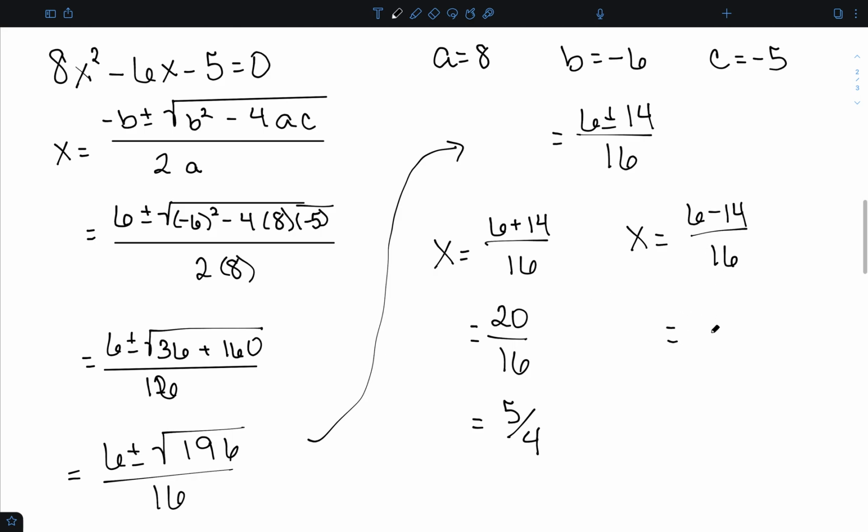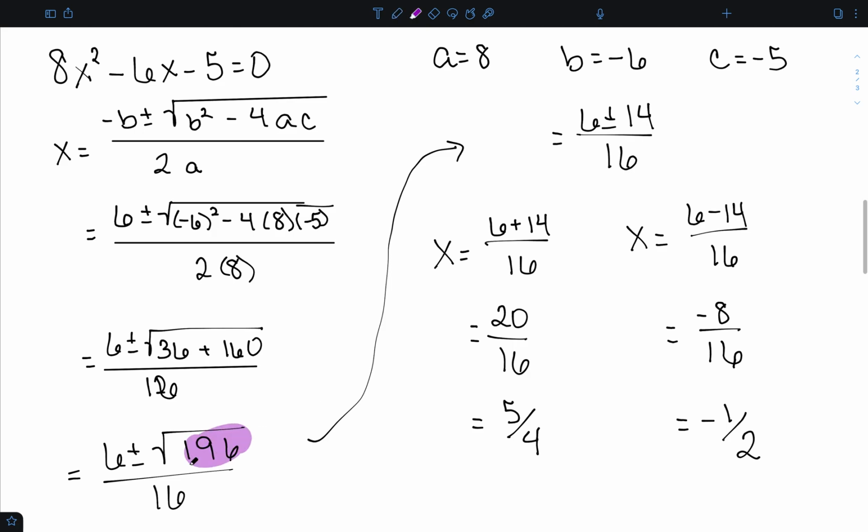For the second one, 6 minus 14 is negative 8, and negative 8 over 16 reduces to minus 1/2. So my two solutions are 5/4 and minus 1/2.